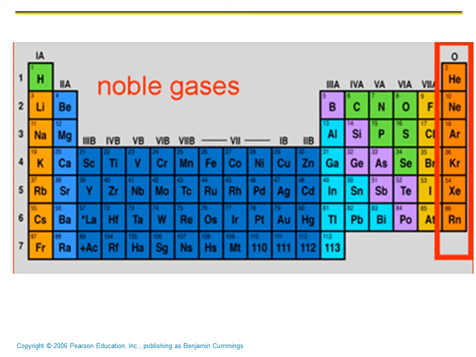So again, on the periodic chart, on the far extreme right would be your noble gases, or chemically inert. They do not need to link up with any other element because their outer electron shells are full.